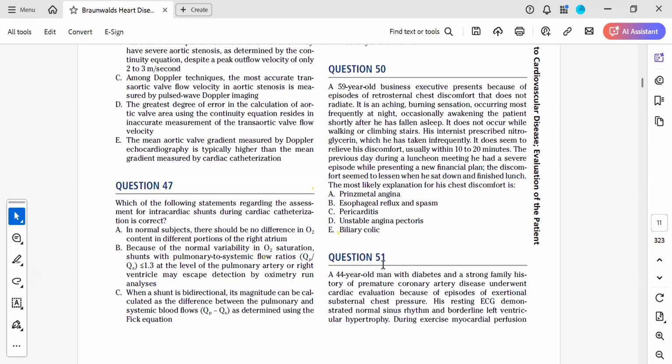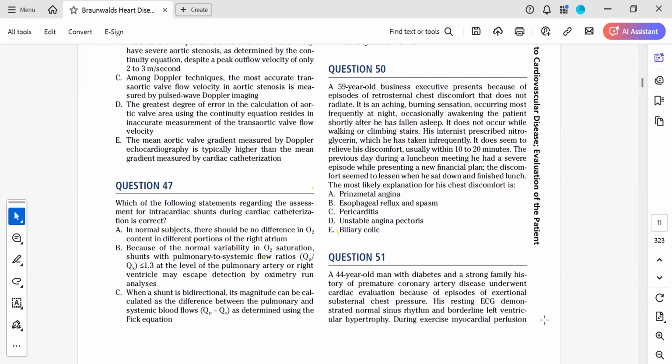His resting ECG demonstrated normal sinus rhythm and borderline left ventricular hypertrophy.